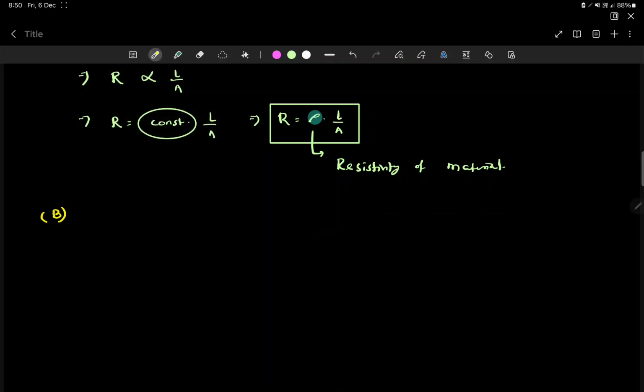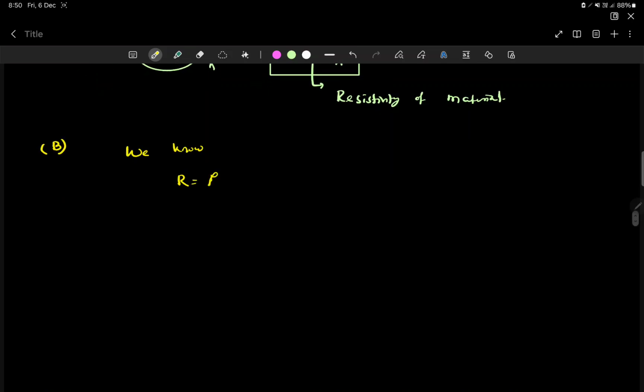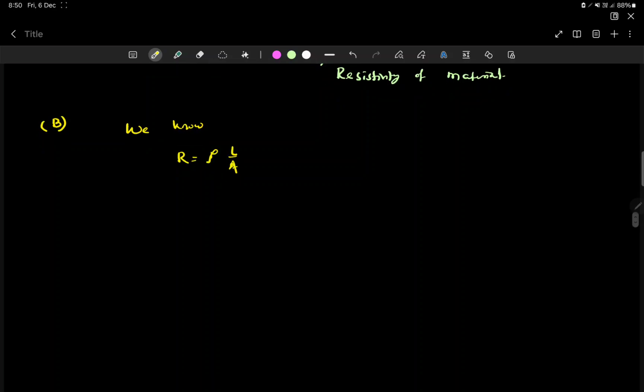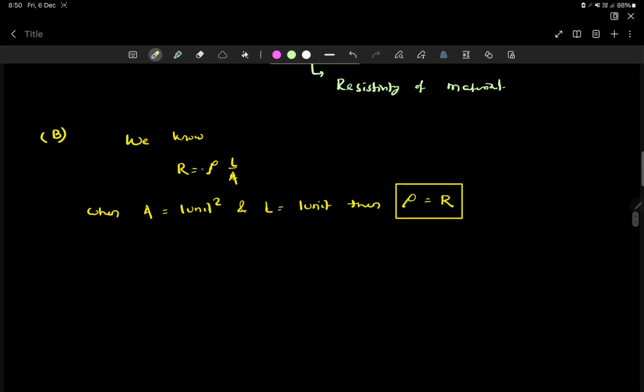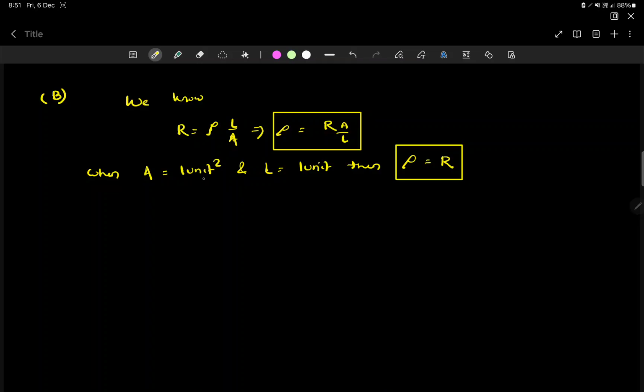For the answer of bit B, we know R equals rho L by A. Put in the condition when area of cross section is 1 unit square and L is 1 unit, then you will get rho equals R. So to define resistivity, if R equals rho L by A, then rho equals R A by L. Now put A equal to 1 unit square and L equal to 1 unit, then you will get rho equal to R. You only have to define all these things in a sentence.